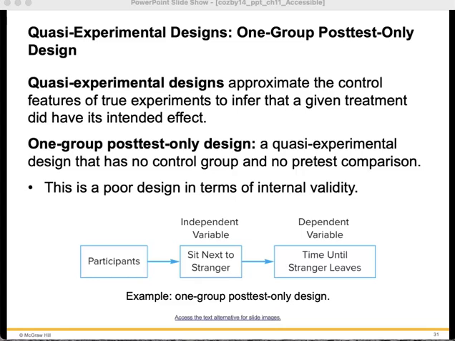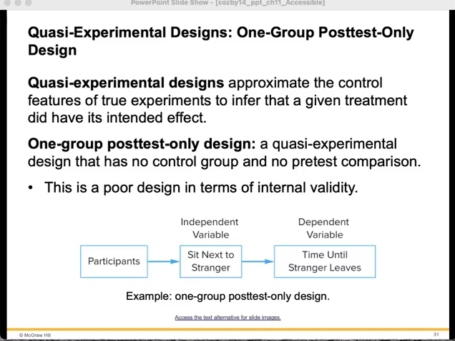The one group post-test only design, with its missing comparison group, has serious deficiencies in the context of designing an internally valid experiment that will allow you to draw causal inferences about the effect of an independent variable on a dependent variable. So you might wonder whether the design is used at all.